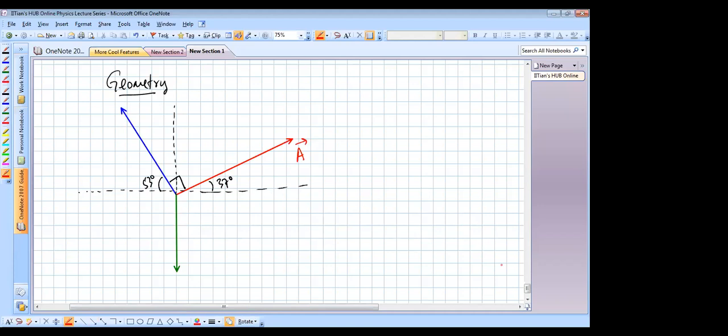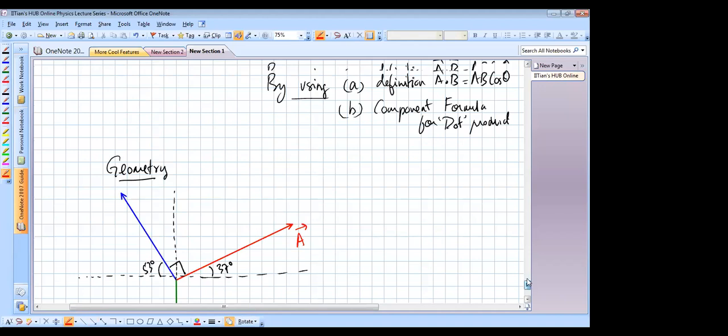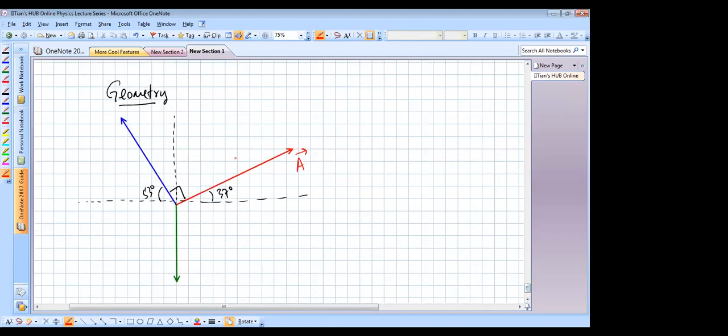Their magnitudes were 15, 12 and 10. Okay.